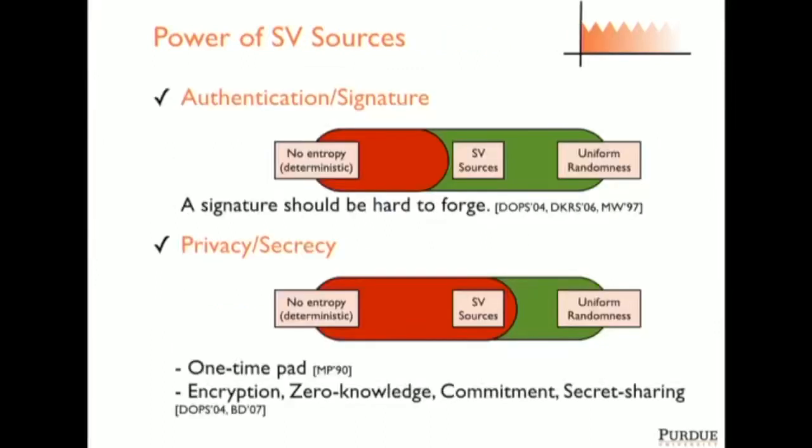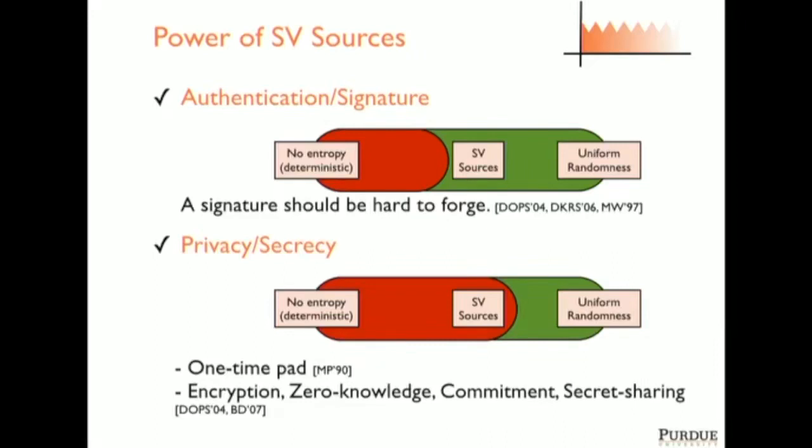Now, given such SV sources, people have already started to study their effect on cryptographic systems. Let's say we replace the standard uniform sources that we require for cryptography by such non-extractable sources, such as Santha-Vazirani sources.